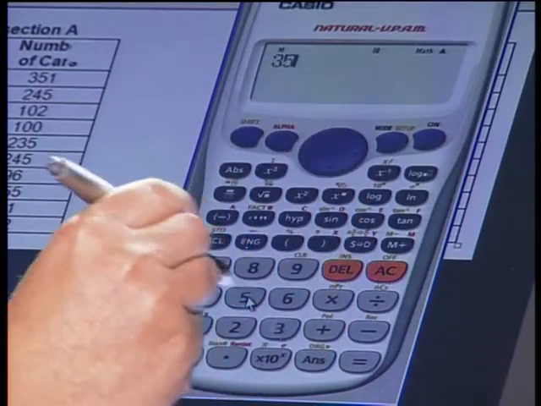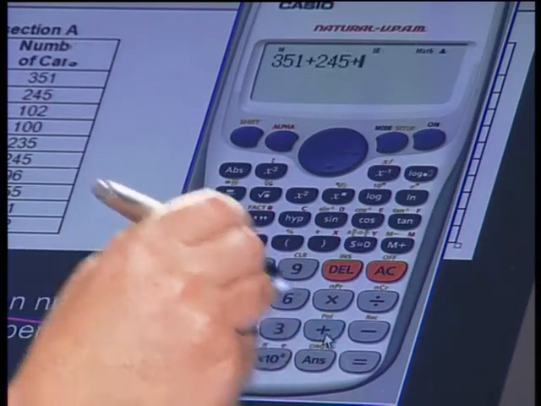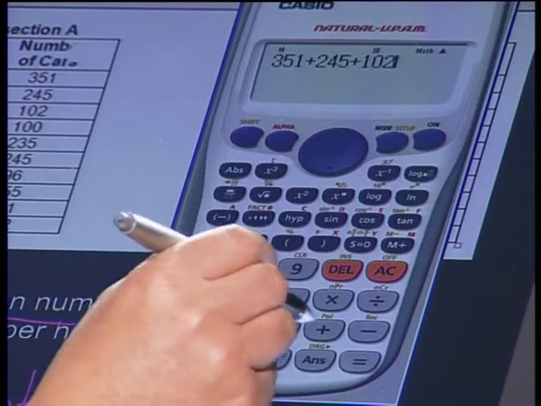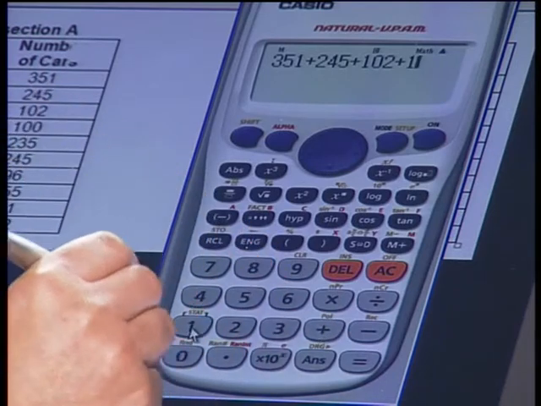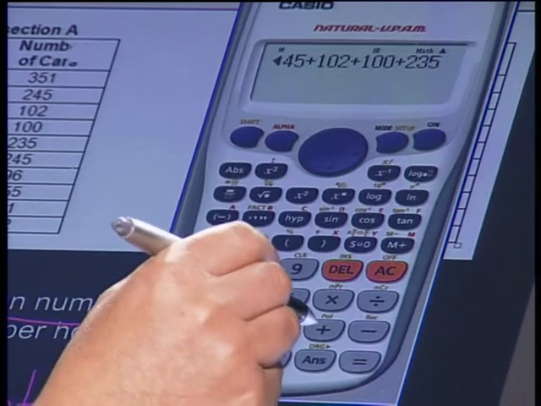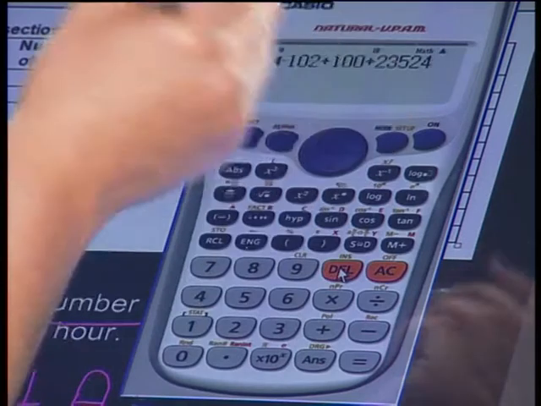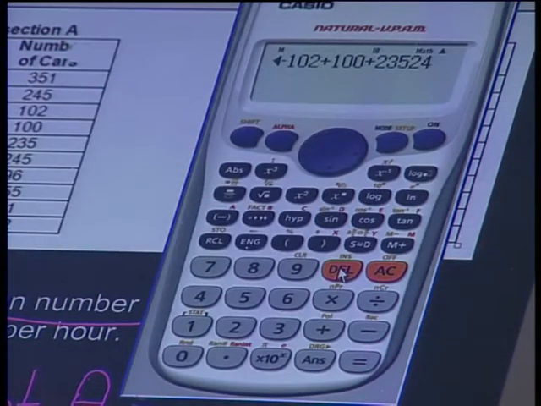So it's 351 plus 245 plus 102 plus 100, 235, 245. That's what I want you to be careful of. I check my calculator as I'm going along to see that I've entered the correct number.